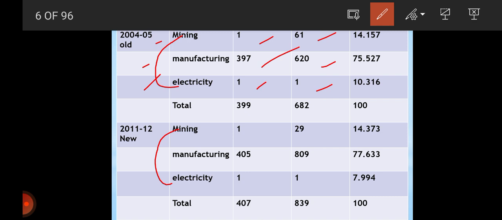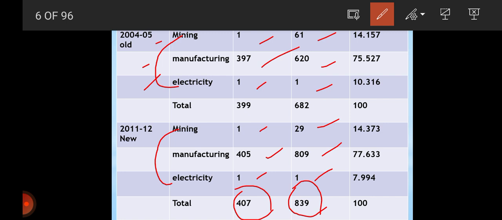Same as per the new base year 2011-12, there are a total of one item group in mining and 29 items. Manufacturing 405 item groups and items are 809. Electricity 11. So total item groups are 407 as per base year 2011-12, and total items are 839 as per base year 2011-12.